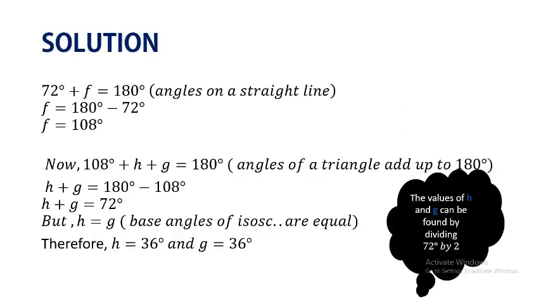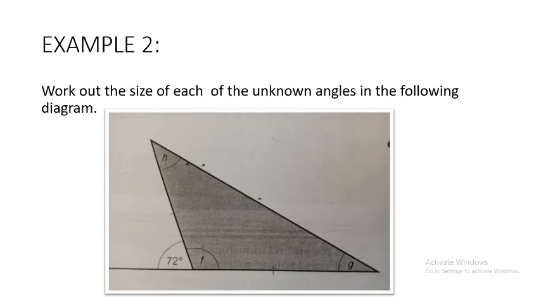So 72 degrees plus f is equal to 180 degrees, angles on a straight line. Therefore, we are going to move 72 degrees to the right hand side. So we are going to have 180 degrees minus 72 degrees. The answer is 108 degrees, which is the value of angle f.